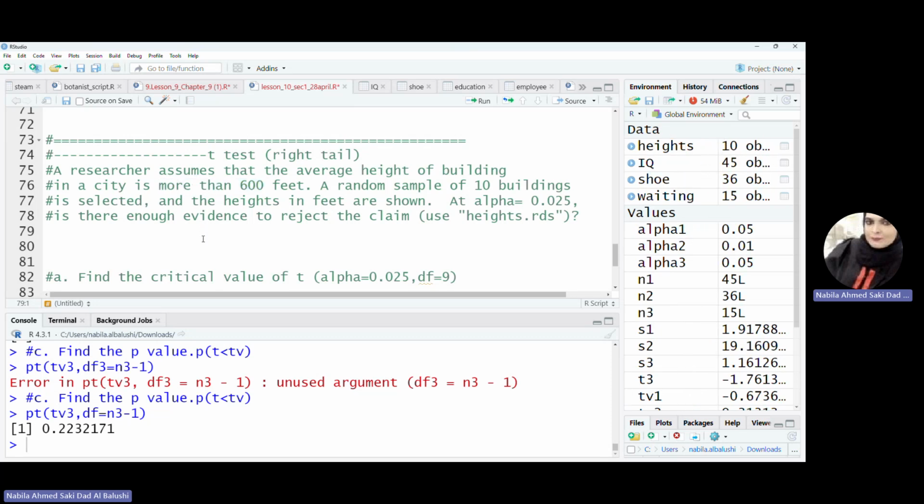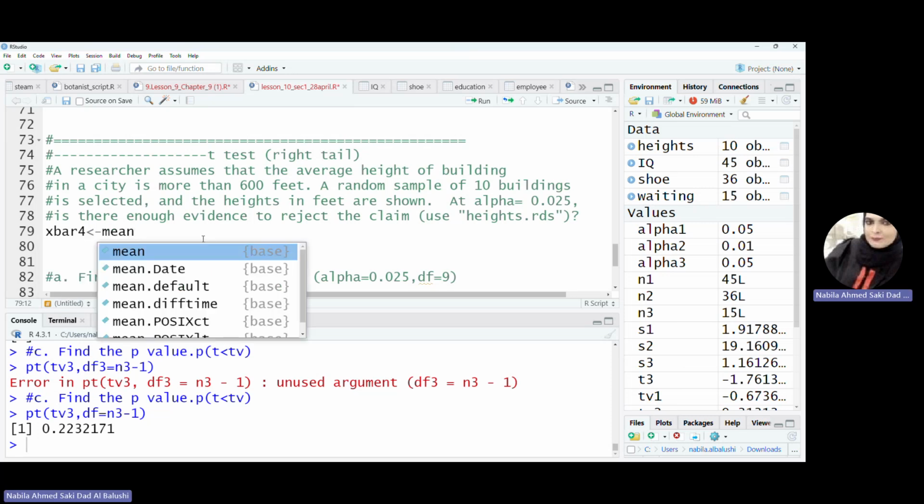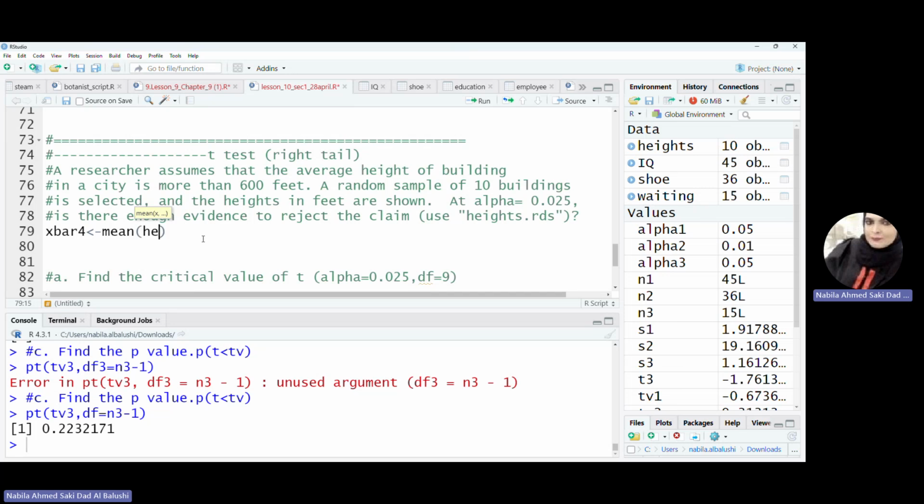First, we need the sample mean, x bar 4. The command is mean, heights dollar heights. The sample standard deviation, we save it as S4. The command is sd, heights dollar heights.